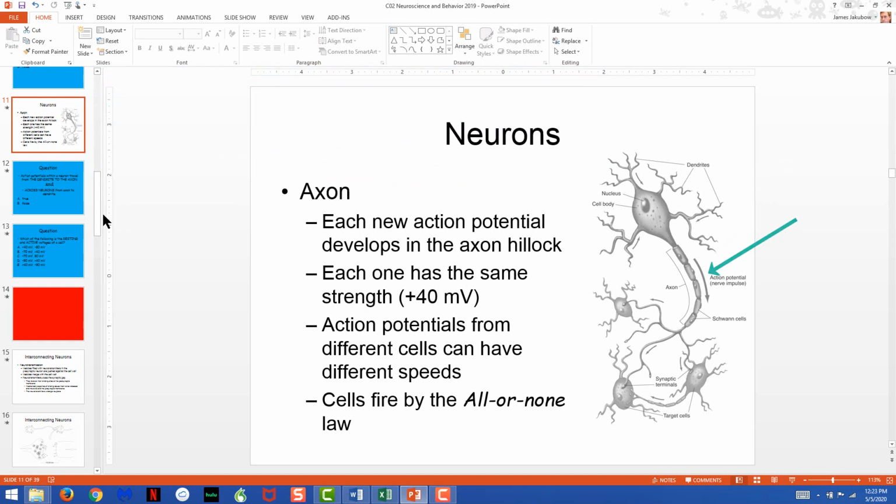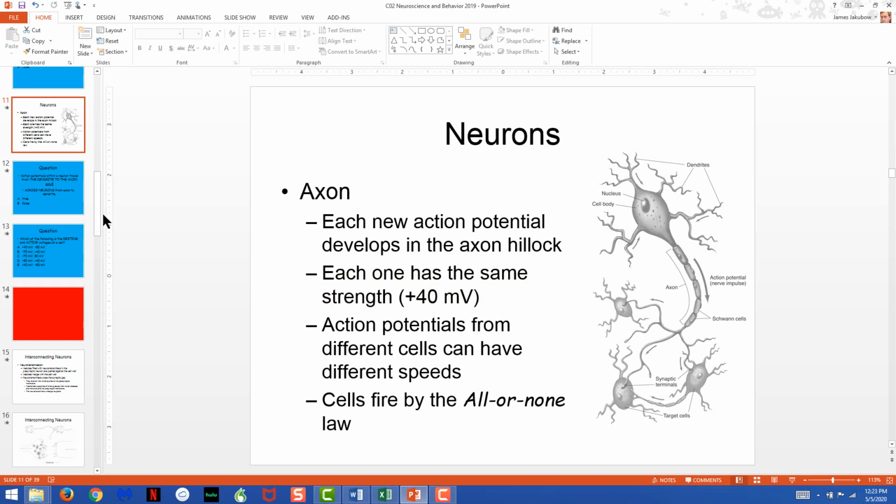Now, the electricity that travels through the axon always has the same strength, and that is a positive 40 millivolts. Now, note in general, in terms of studying, we are starting to talk about different voltages. Positive 10 millivolts is a threshold to generate electricity, but when the electricity is generated, it is always positive 40 millivolts.